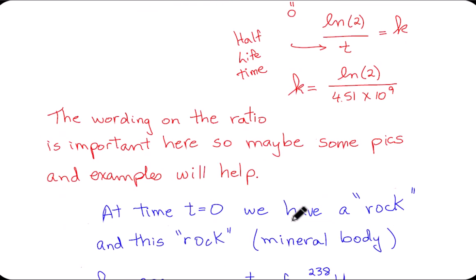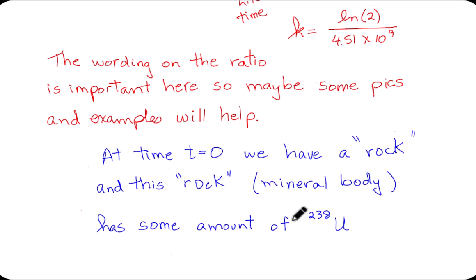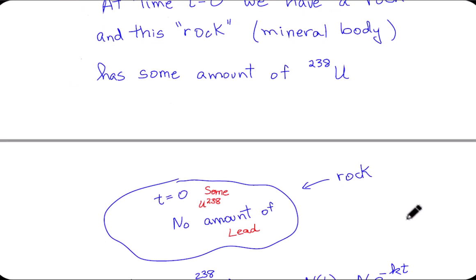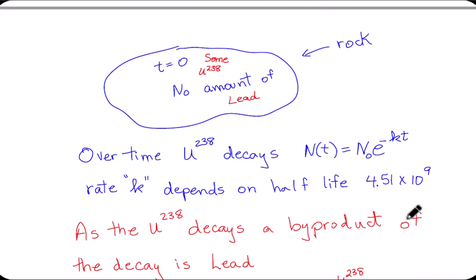So let's take a look at the wording here. At time 0, this rock, a mineral body, has some amount of uranium-238 in it. At the moment it has no lead. So over time, the uranium will decay from whatever is in there at time 0.